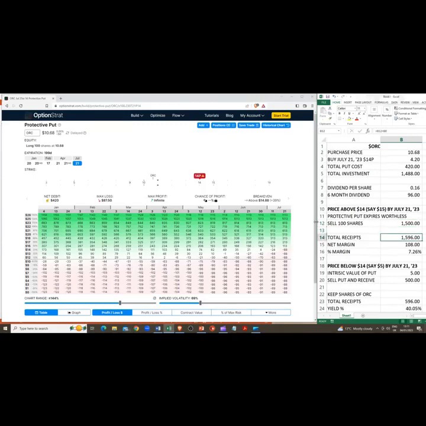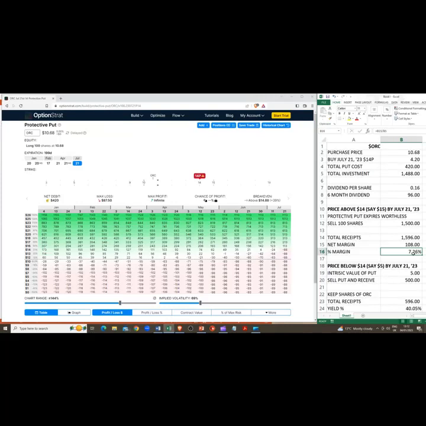And this means that your total receipts, when you calculate the $1,500 and the $96 dividend that you would have received monthly, will translate to $1,596. This represents a $108 margin over your investment of $1,488. That includes the cost of buying ticker symbol ORC at 10.68 and also buying the put at 4.20.